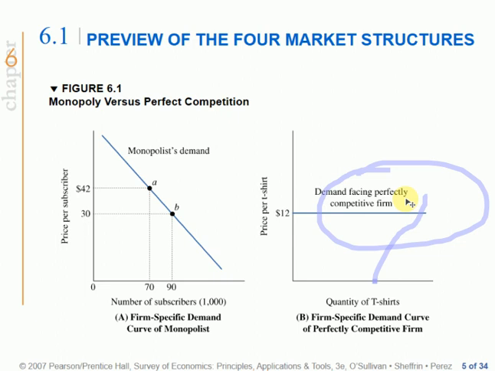The firm-specific demand curve is horizontal like that because the individual firm is a price taker.